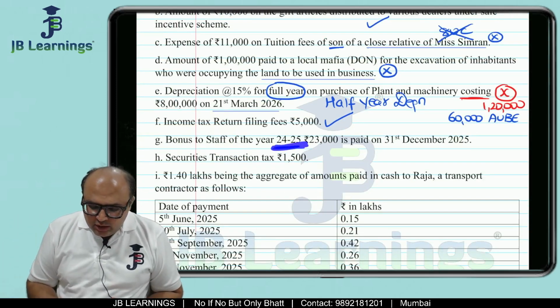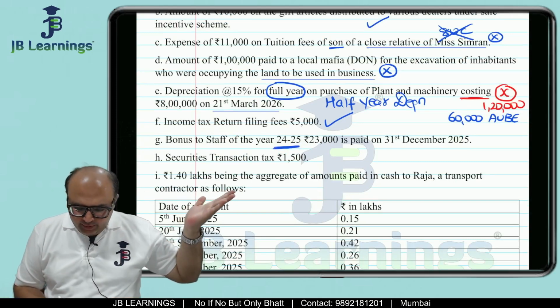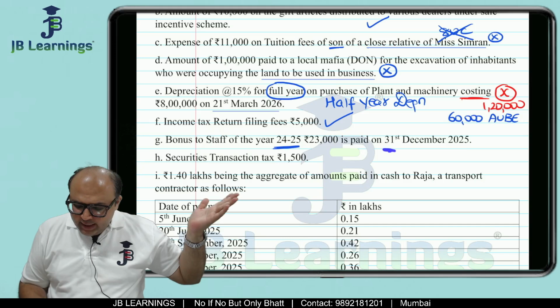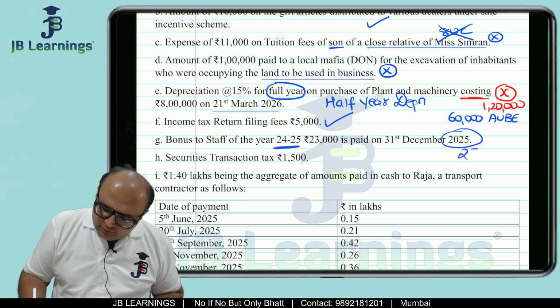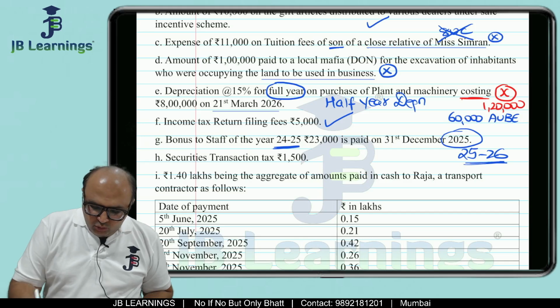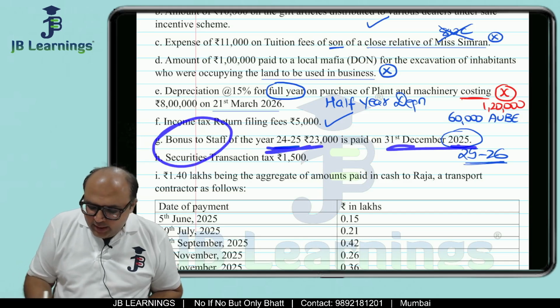So bonus to staff of the year 24-25, 23,000 is paid in the current year. Friends, 31st December 2025 is in 25-26, correct? So bonus to staff is paid in the current year.